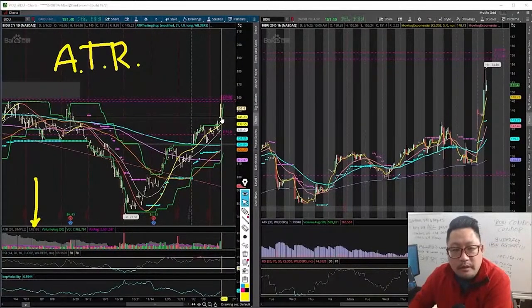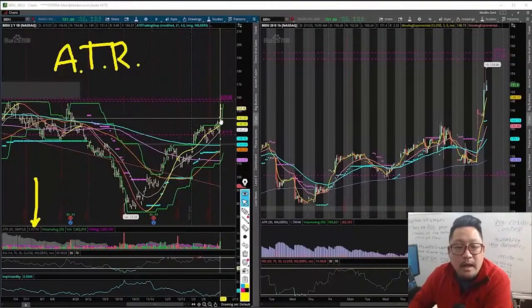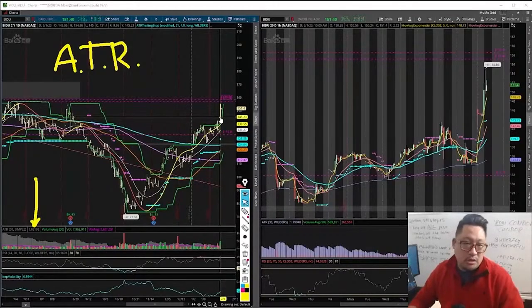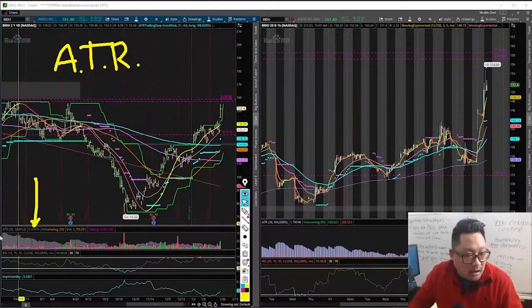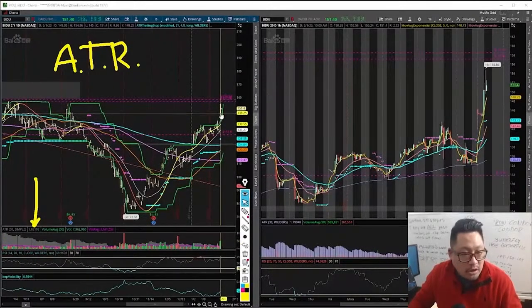The focal point of the ATR is the extreme high and the extreme low of every single individual day. What it's doing is taking the total range. The total range is the highest price to the lowest price that the stock trades. So this ATR on my chart here is set at a 30 period.